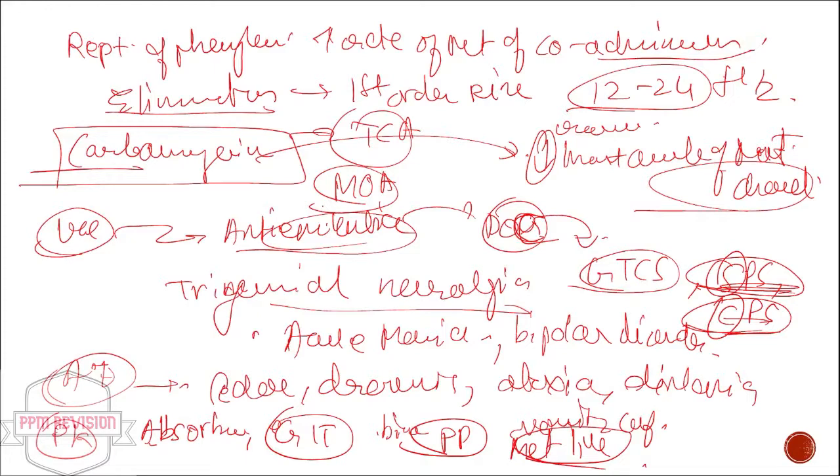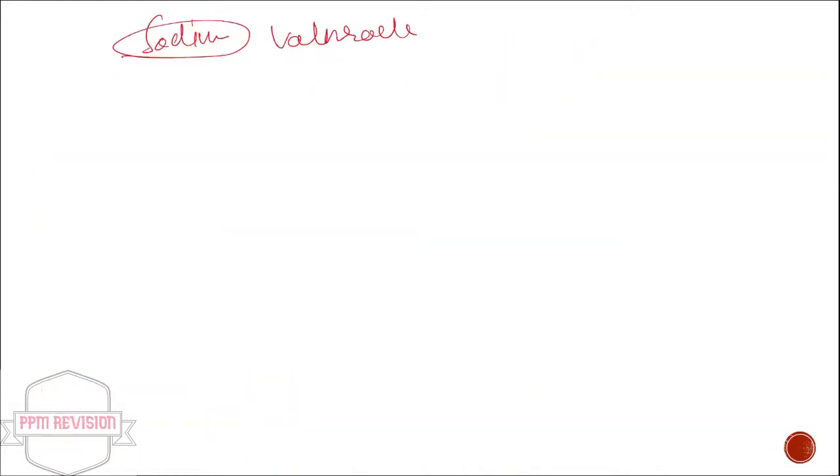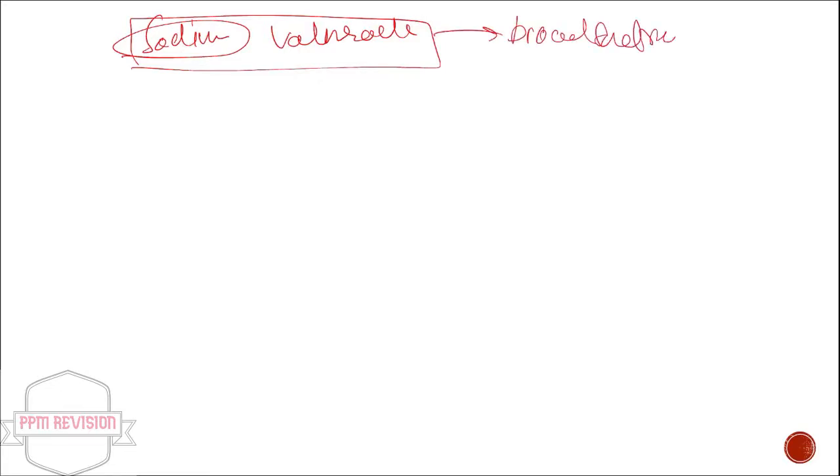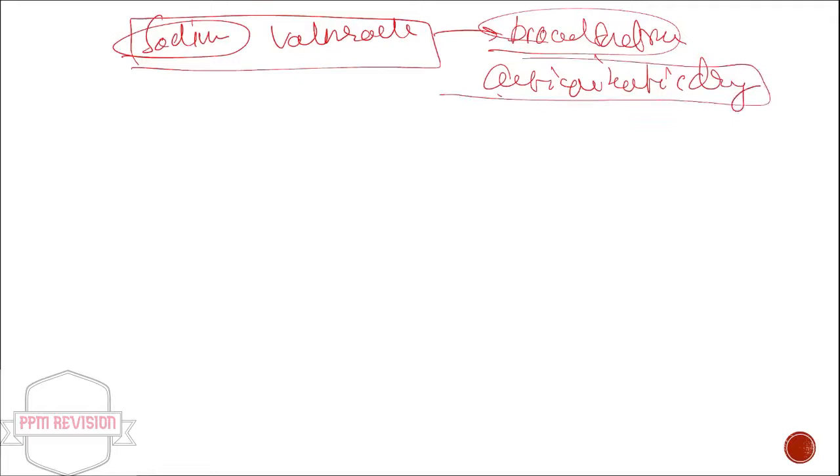okay. And now moving ahead with the drug I was supposed to talk about, that is sodium valproate. Sodium valproate is a broad spectrum anti-epileptic drug. And quickly looking at the mechanism of action of sodium valproate.